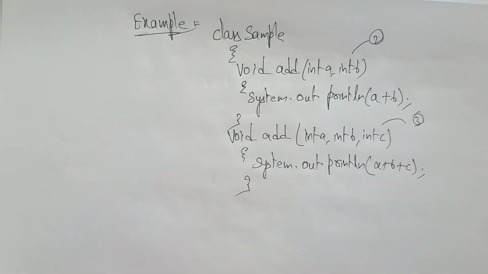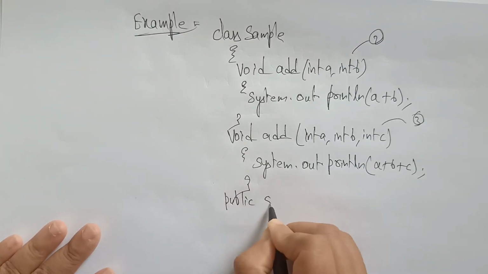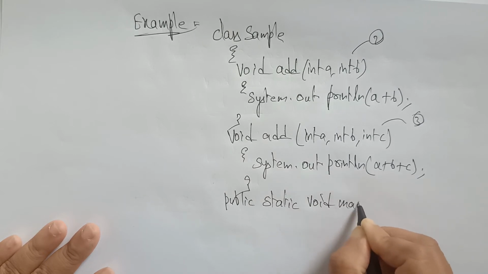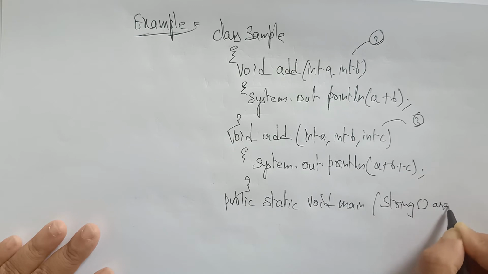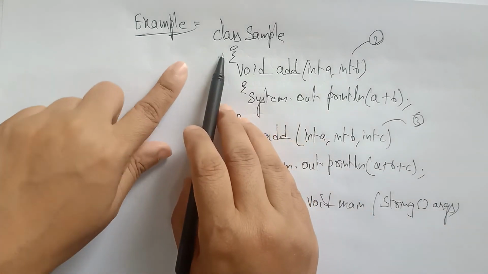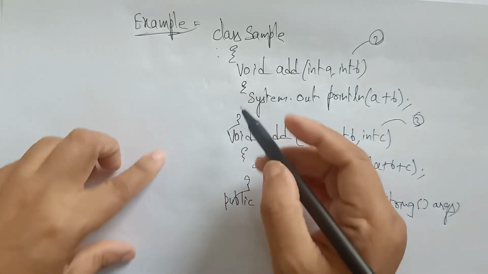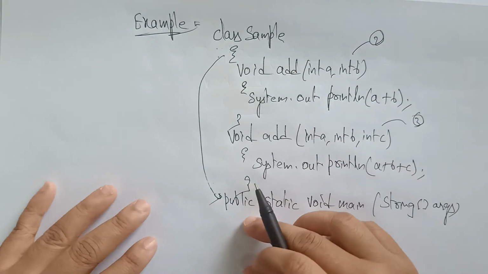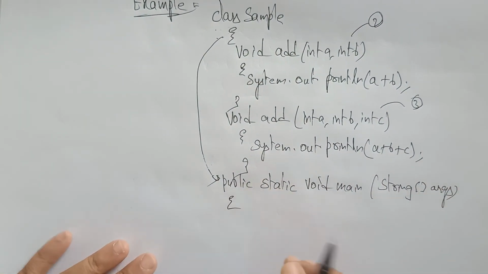But now the problem is, in public static void main String arguments. First the compiler will load the class, open brace executed. Now the controller comes to the main method, public static void main, open brace executed.